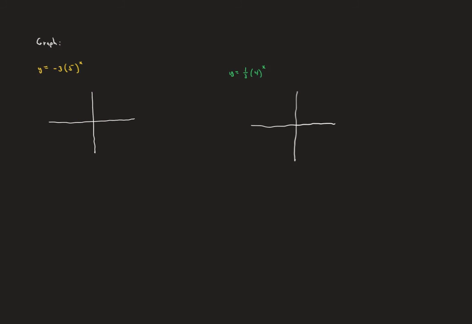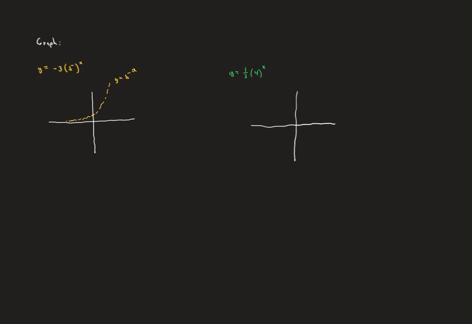Okay, on the next screen, we're going to graph these here. So on this one, I'm going to do this in stages. So the 5 to the x is going to be our basic exponential growth function. So it's going to look like this. So there's y equals 5 to the x.